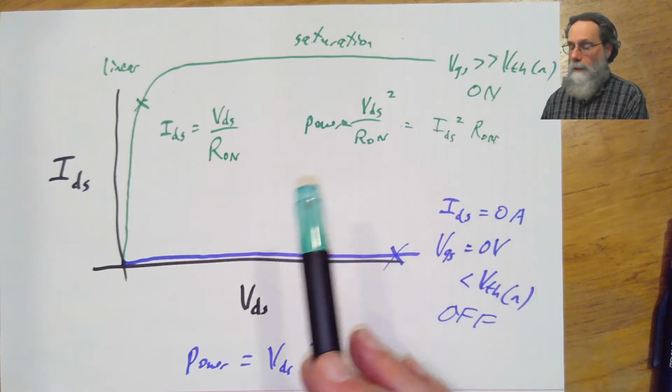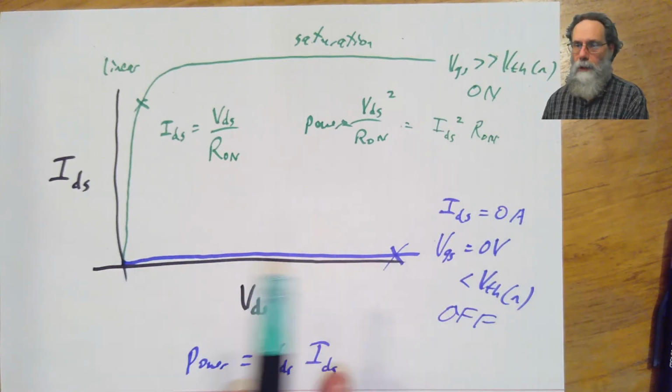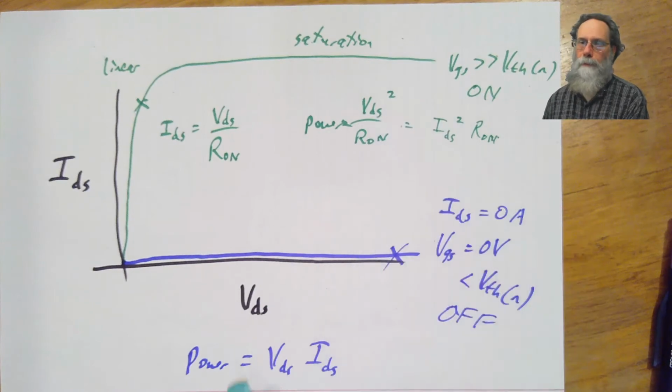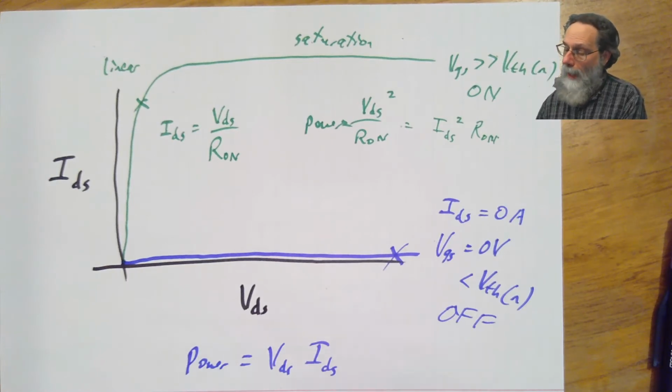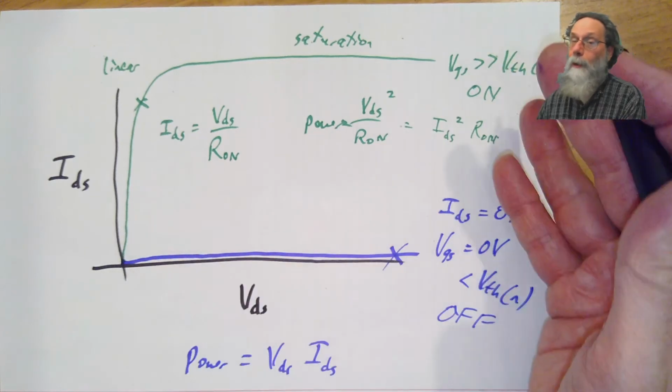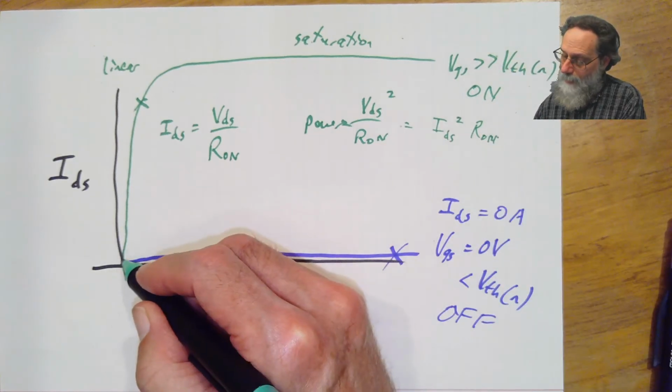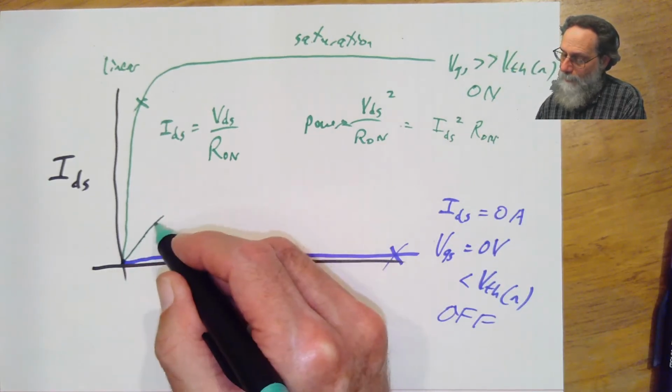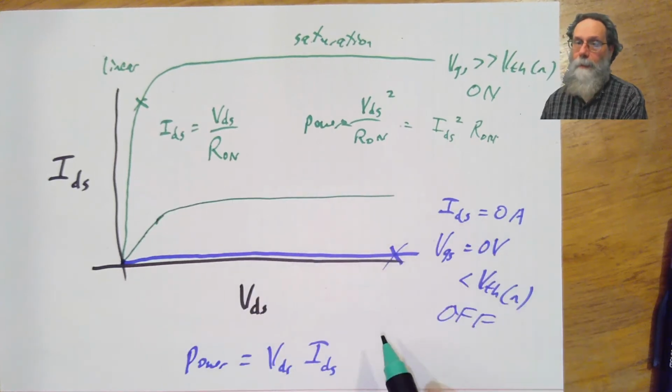There is something here that's misleading in this whole picture, and that is I've only drawn 2 curves. And in practice, there's an infinite number of curves for different voltages of the gate. And what happens at those lower voltages is that you get a curve that's intermediate.